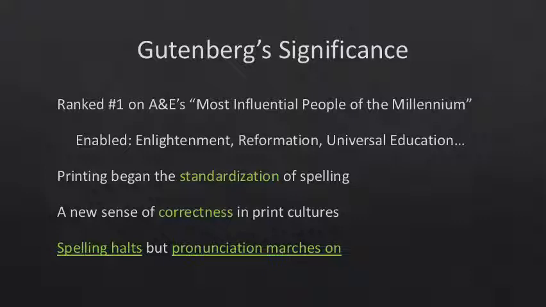Their criteria was who has affected the world more than anyone else. And more than any of those other figures, Gutenberg. Because by creating the printing press, he enabled mass communication for the first time. And that is the foundation on which things like the Enlightenment and the scientific revolution were built, because scientists could share their results.